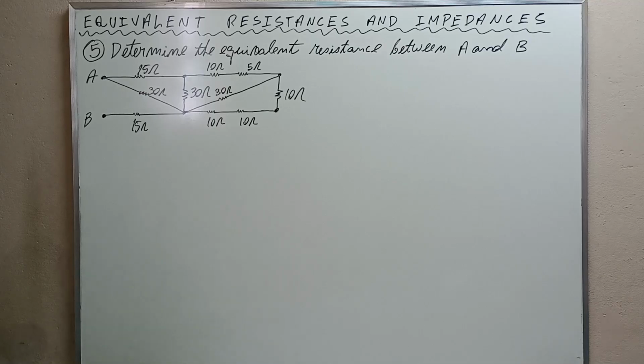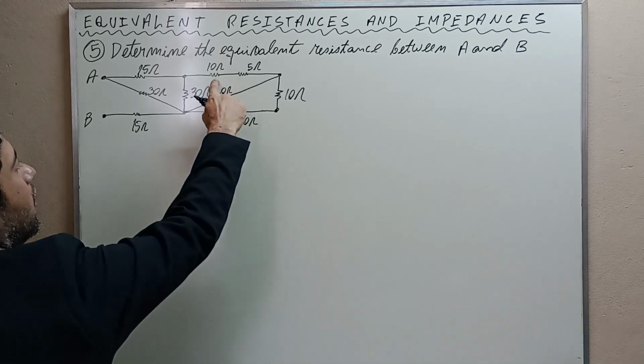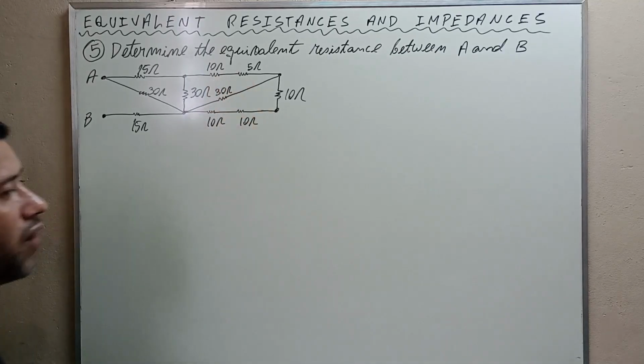Observe also that there is a 10 ohms resistance in series with a 5 ohms resistance. This is the first observation.